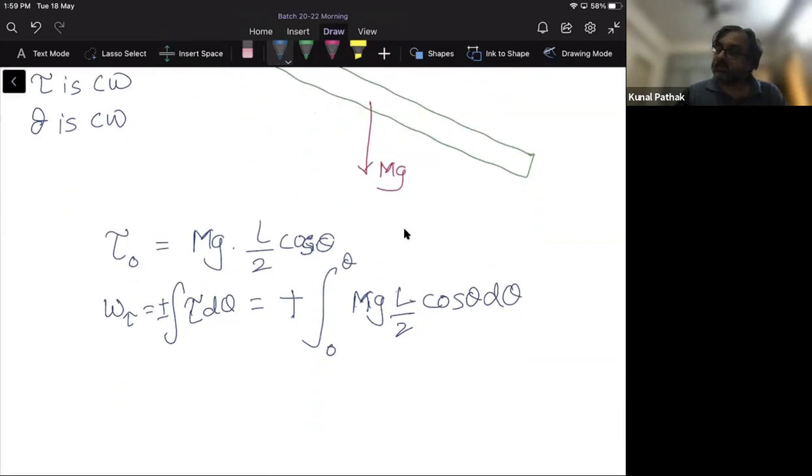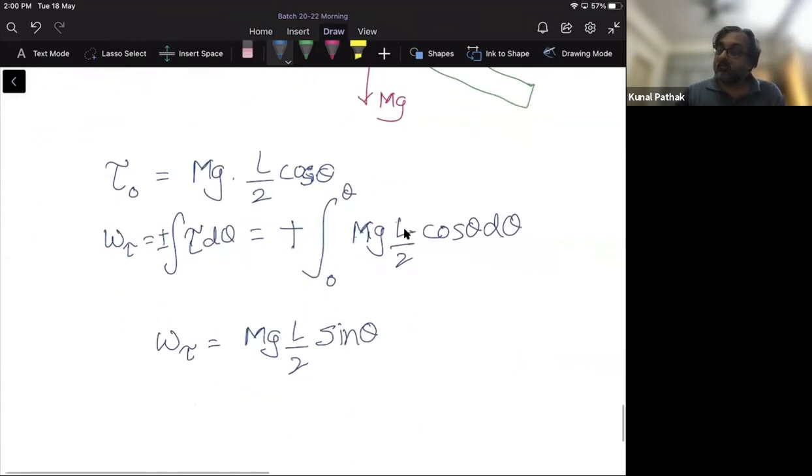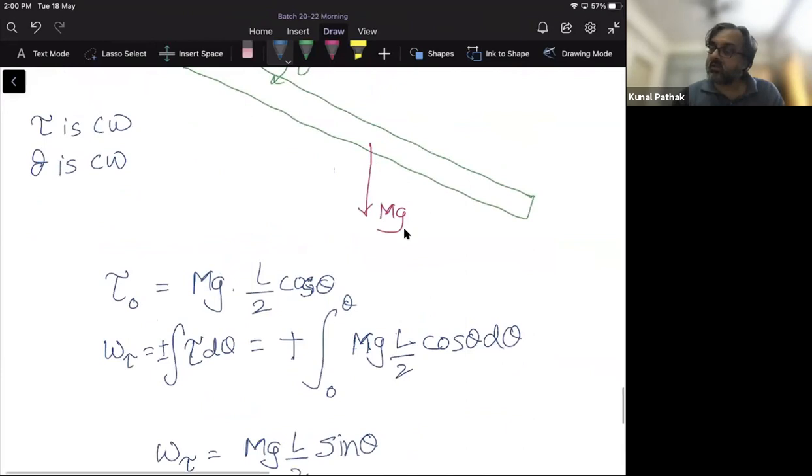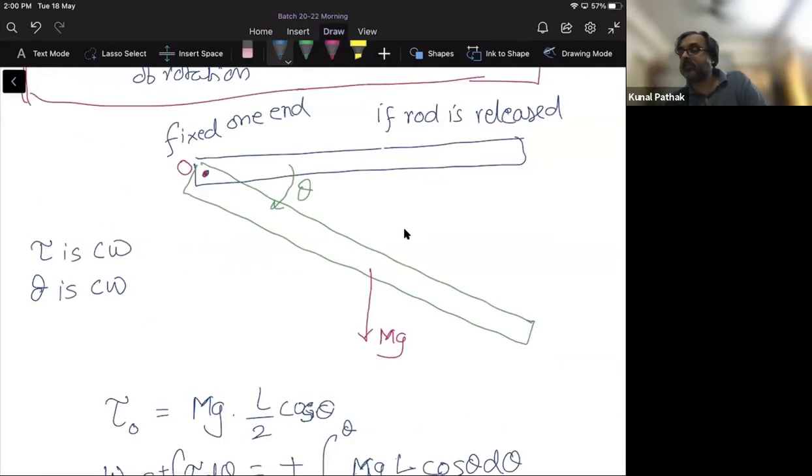and this is a very, very simple answer. Work done by torque is equal to mg L by 2, which will come out of the integral. Integral of cosine theta d theta is sine theta, and when I put the limits 0 to theta, sine 0 becomes 0. So this will come out to be simply this. But I can write this as mg into L by 2 sine theta, which is equal to what? What is L by 2 sine theta in this diagram?